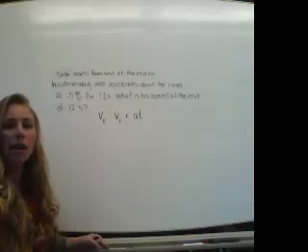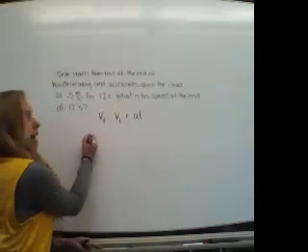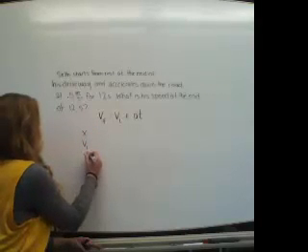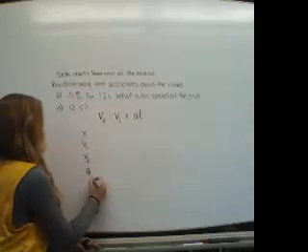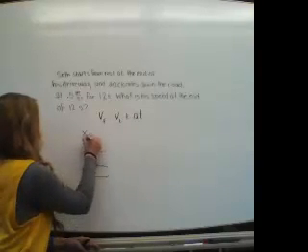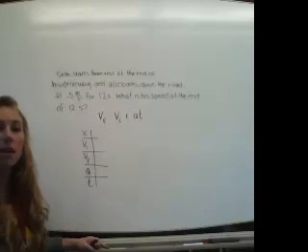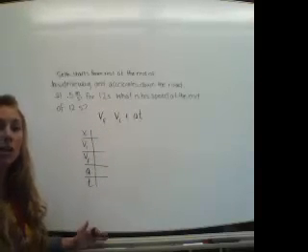So to solve any of these problems using the Big Three, or for accelerated motion, we're going to set up what we call a kinematics chart. That looks like this: x, Vi, Vf, a, and t. You've seen something like this before. The next step is to fill in the variables that we know.